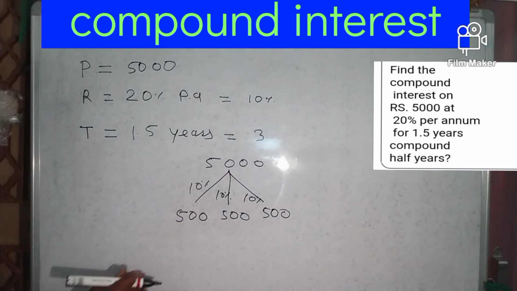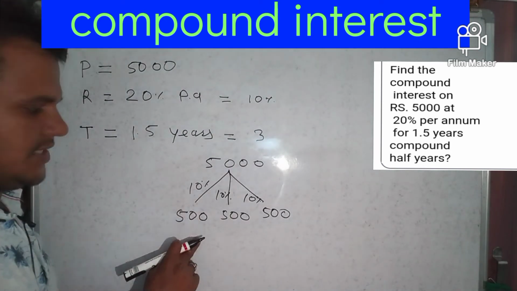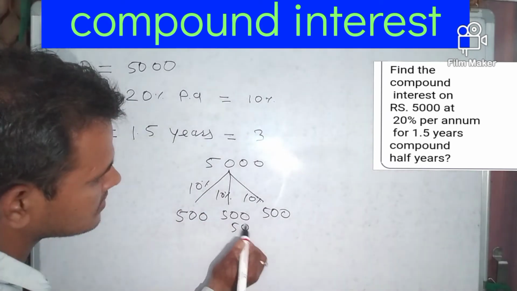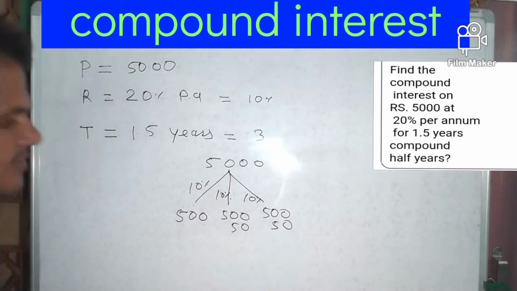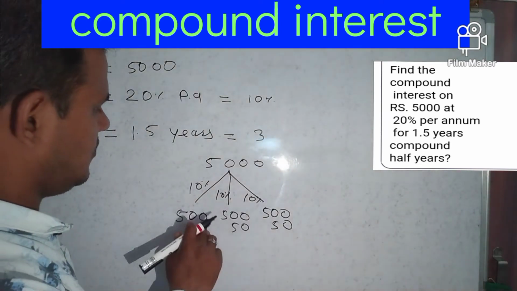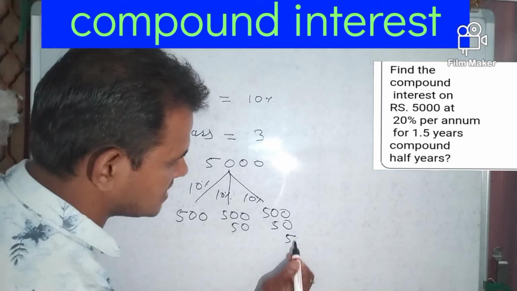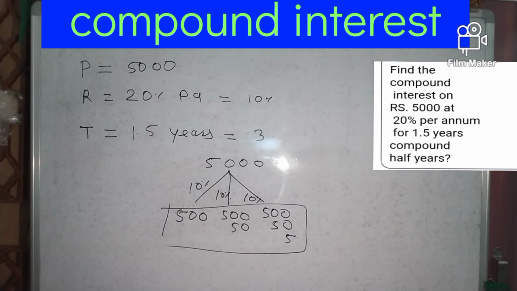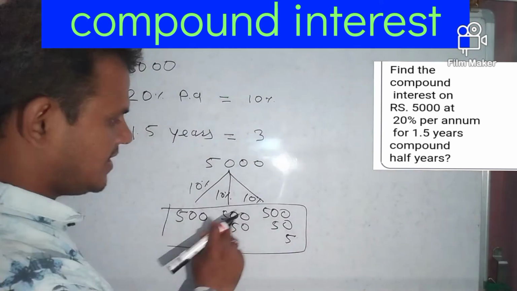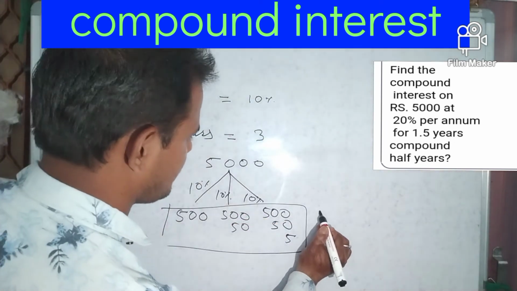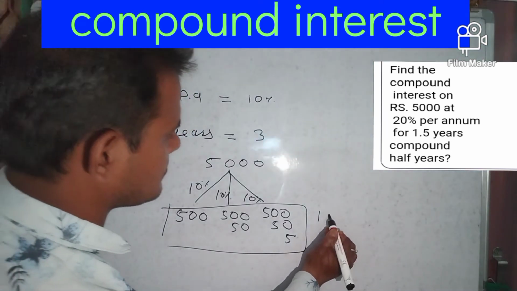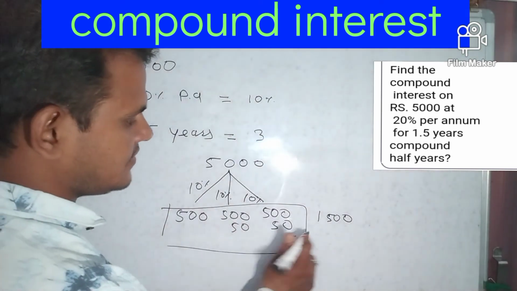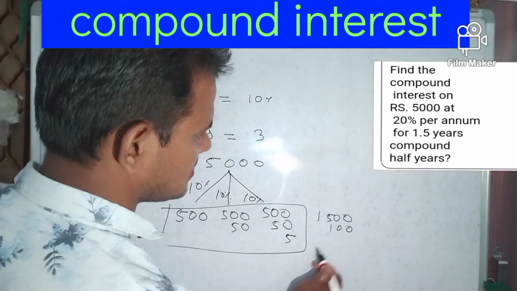So compound interest is percent on percent, right? So 10% of 500 will be 50. Another period will be 50. Now 10% of 50 will be just 5. So total, this will be your compound interest, right? 500 plus 500 plus 500 will be 1500. 50 plus 50 will be 100, right?